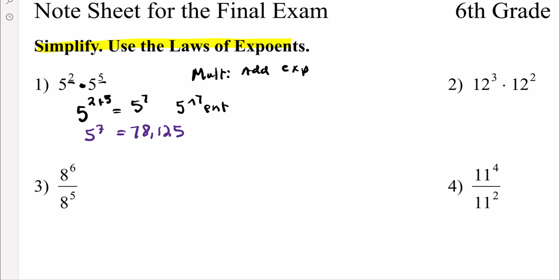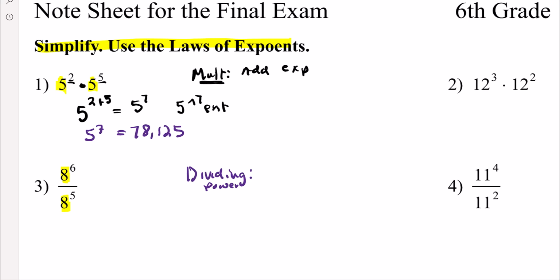Okay. So now when you're dividing powers, remember, the base numbers have to be the same, or this doesn't work. This only works when the base numbers are the same.